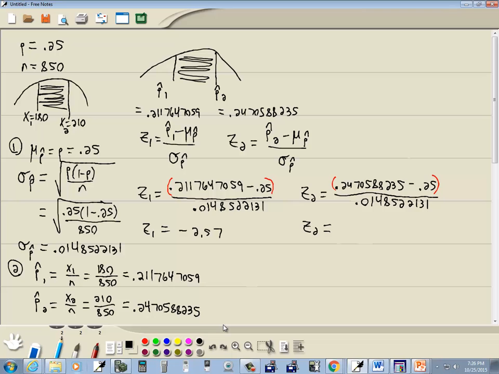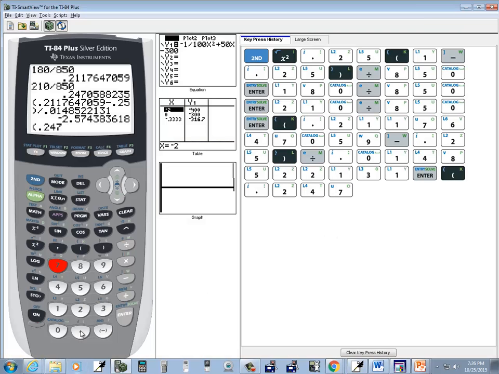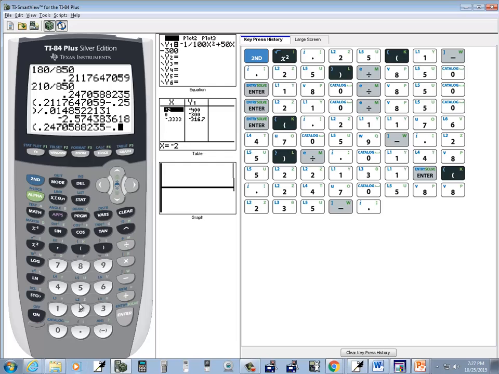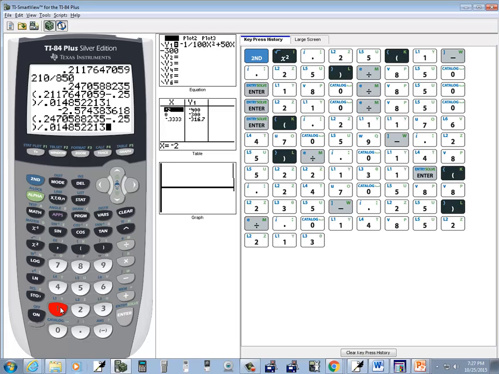And we need to find z sub 2. So plug that in. Open parentheses, 0.2470588235, minus 0.25, close parentheses, divided by 0.0148522131.